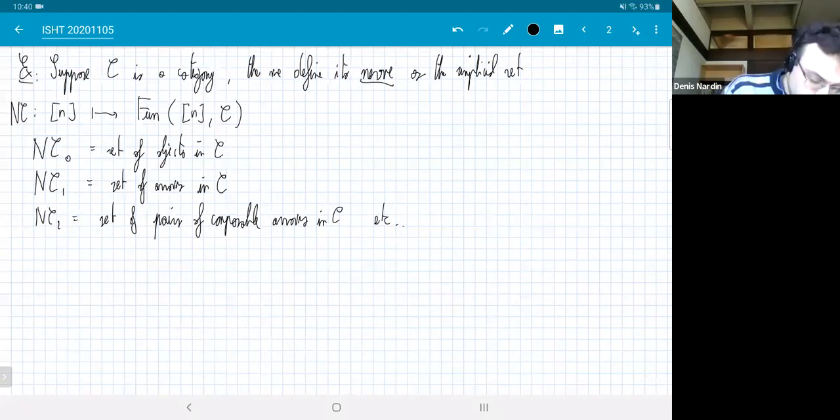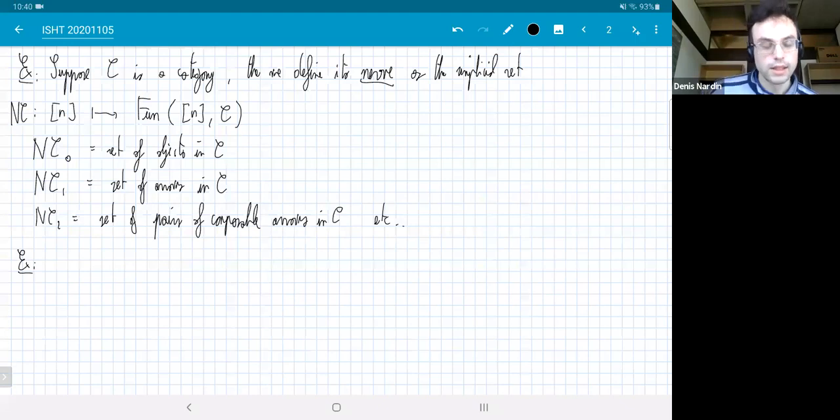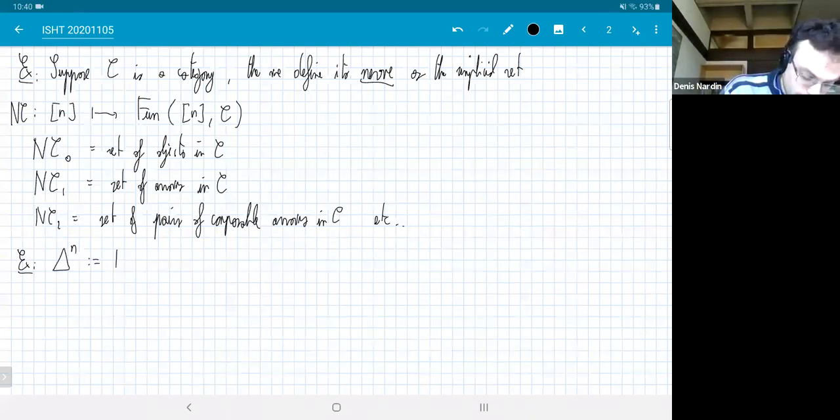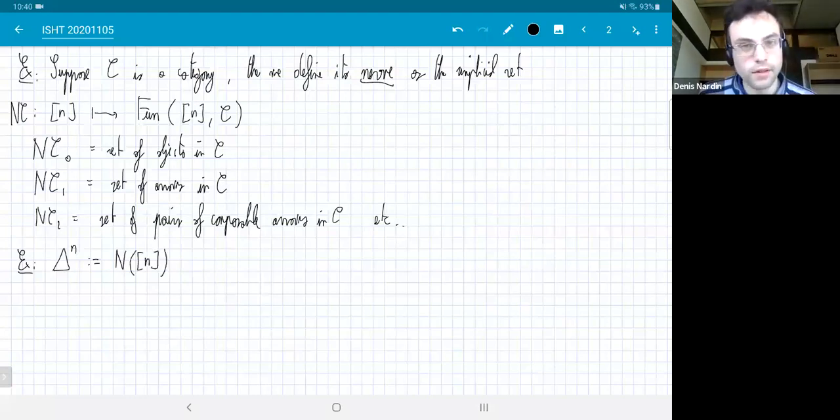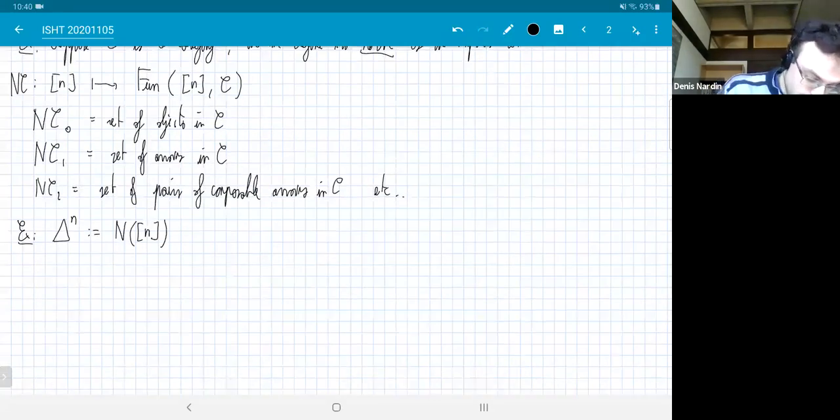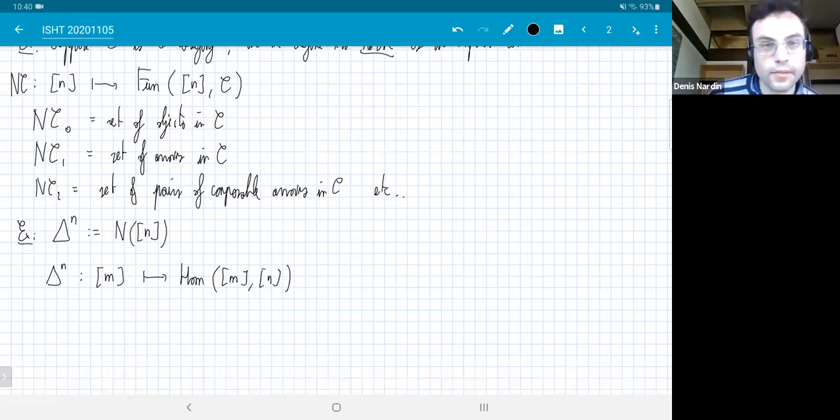But the reason why I'm giving this example, besides it's going to be helpful in a couple of lectures, is that it allows me to define Delta^n as a simplicial set, which is the nerve of [n] seen as a poset. So concretely, this is telling you that Delta^n sends m to the set of monotone maps from [m] to [n].